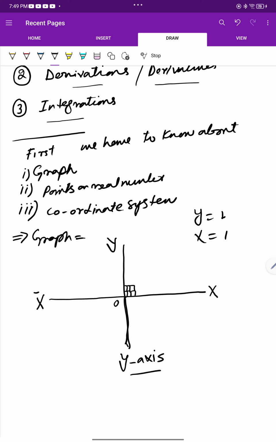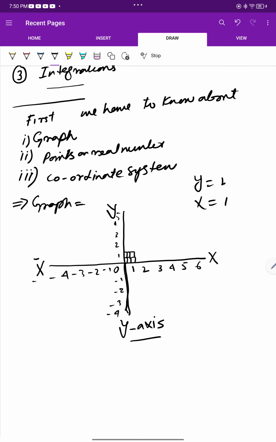Let's say zero is the center, so it's one, two, three, four, five, six on this side, and on the other side it's minus one, minus two, minus three, minus four, and it continues. Similarly, the positive numbers on the y-axis are 1, 2, 3, 4, 5, and the negative numbers are on this side. It continues to infinity. So this is the graph.